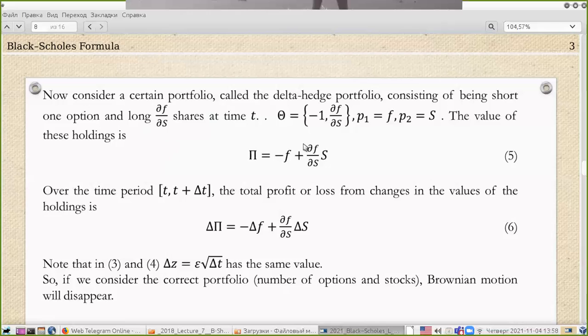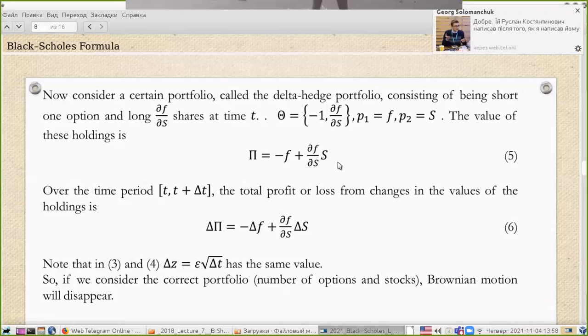So the value of this portfolio is amount multiplied by price, so minus 1 multiplied by F, it's minus F, plus the amount df with respect to ds multiplied by S. So formula 5 is the value of the portfolio.